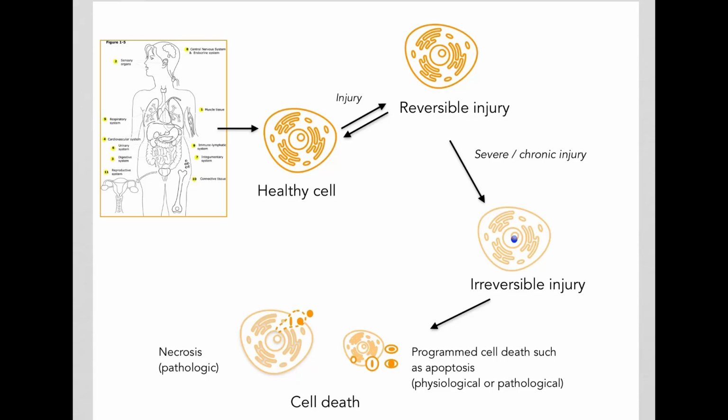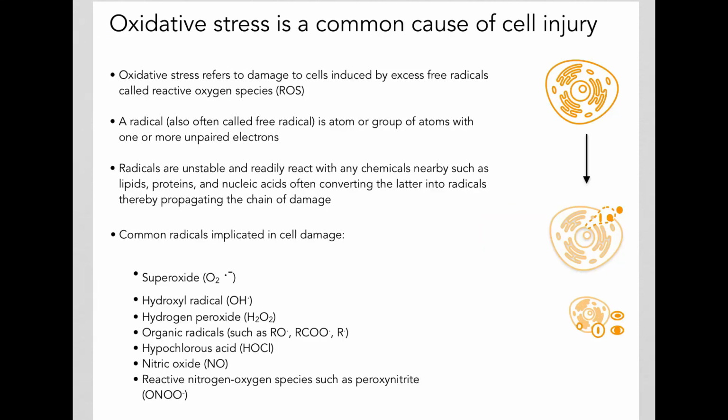In the last video, we talked about cell adaptation, cell injury, as well as cell death. One of the most common causes of cell injury is oxidative stress to the cell. So what is oxidative stress?